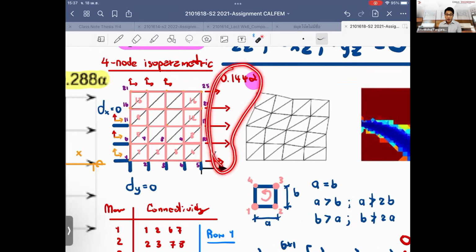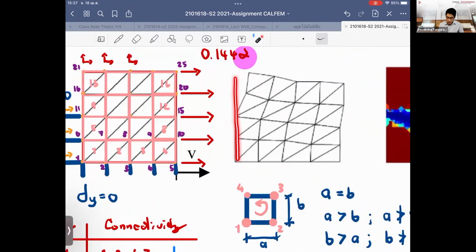This is a function of the applied external force, which is F or P. When a force is applied here and you have the restraint condition in these directions, you see that along the boundary line it doesn't translate in the X direction at all, because we fix it, but it can move in Y. Along these directions here, it doesn't move in Y but it can translate, so it can slide, except the node here in the X direction. This is the deformed shape we expect to see.